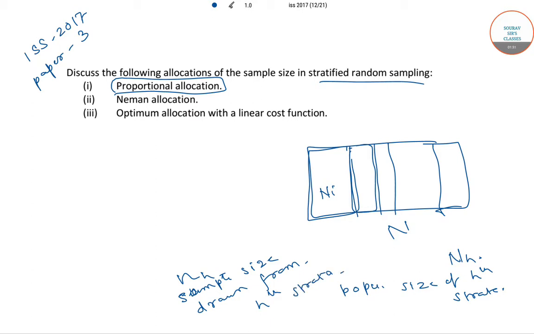Then this small nh is proportional to capital NH, the size of the population of that stratum. We can write small nh is equal to k into capital NH, where k is a proportionality constant.